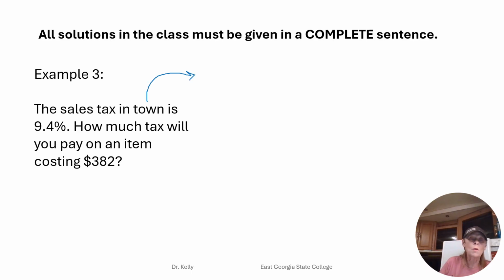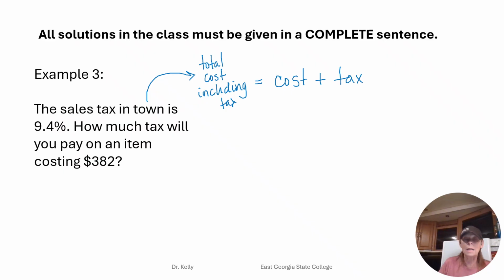And so when we want to know a total cost including tax, that's going to be equal to the cost plus the tax on the item, right? And how we get the tax on the item, that is getting by multiplying the cost by the percent taxed.